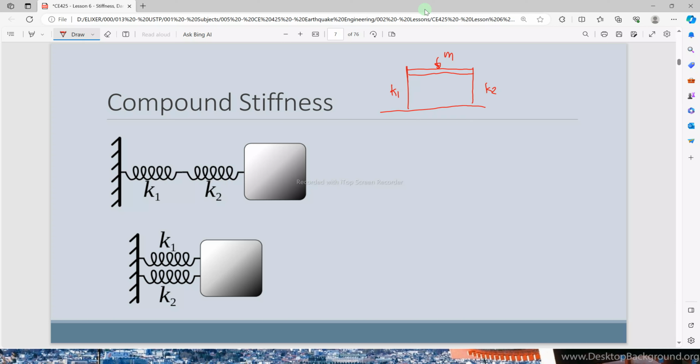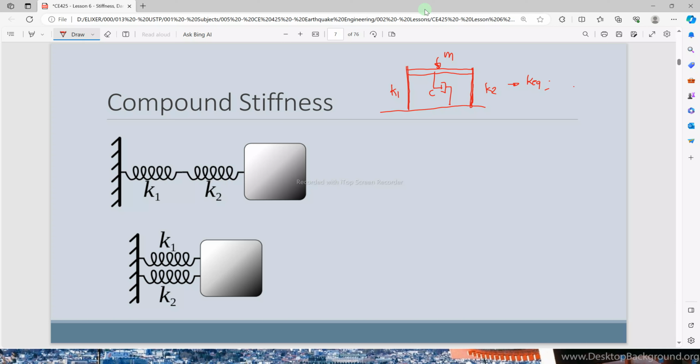Actually, K1 and K2, dito we have the stiffness due to this column and the stiffness due to this another column. And then naa pod tayo katong damper C. So in a single degree of freedom system here, we have a compound stiffness because we have two stiffness here. So ato lang na siya gina-resolve into one stiffness. We call that our equivalent stiffness or K equivalent.